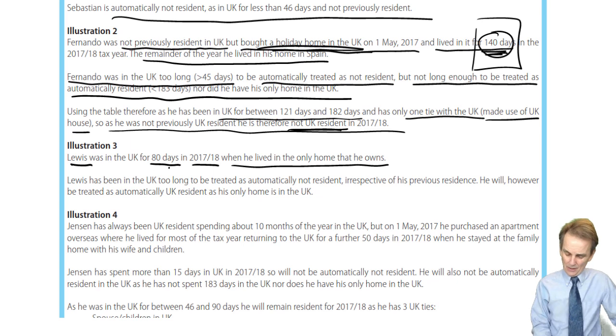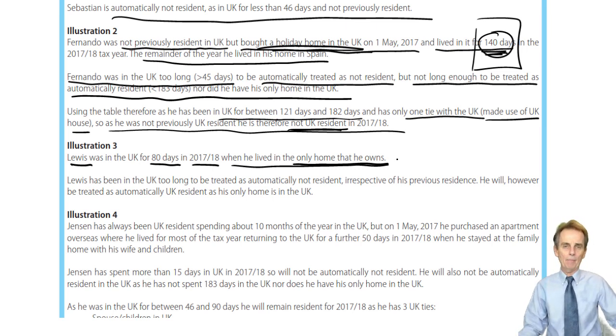So, Lewis was in the UK for 80 days in 2017-18 when he lived in the only home that he owned. Now, that is going to be critical, but remember, the first test you look at, based on the number of days in the UK, was he automatically not UK resident?